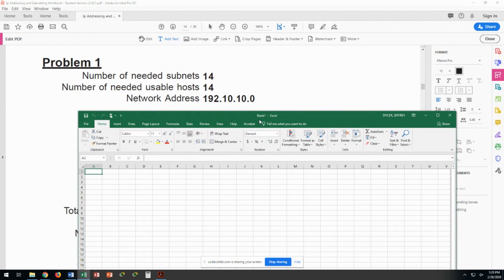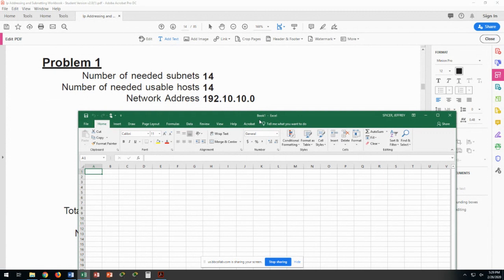Network 2 starts at 16, goes to 31, right? 32, 16 is 47. 48, right, and so on, right?